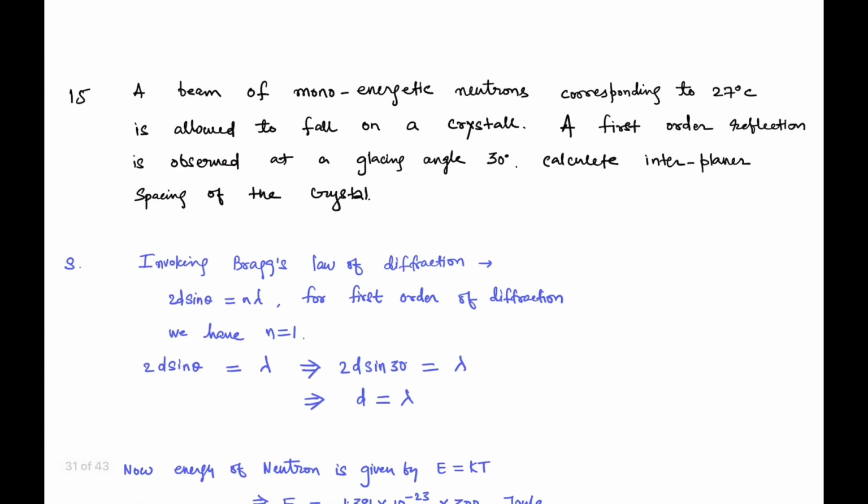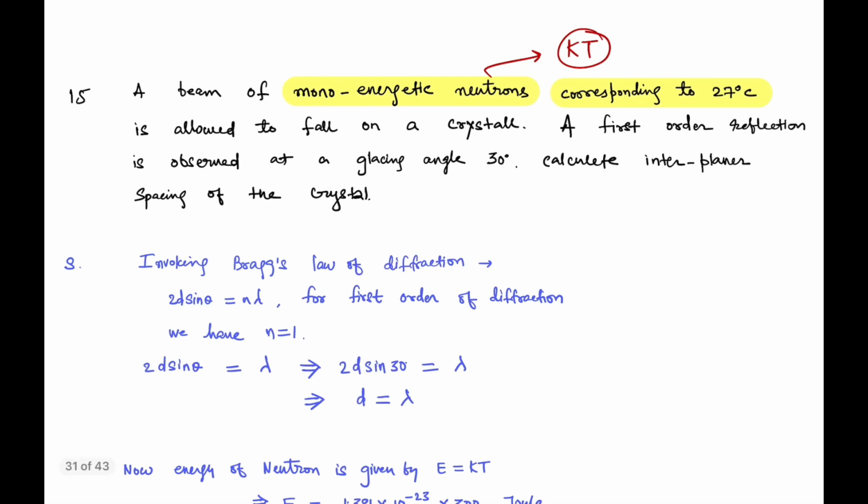Now let us solve the next question. There is a beam of monoenergetic neutrons which corresponds to 27 degrees centigrade. Let me tell you, for something which corresponds to some temperature, the energy is actually k times T, where k is Boltzmann constant.